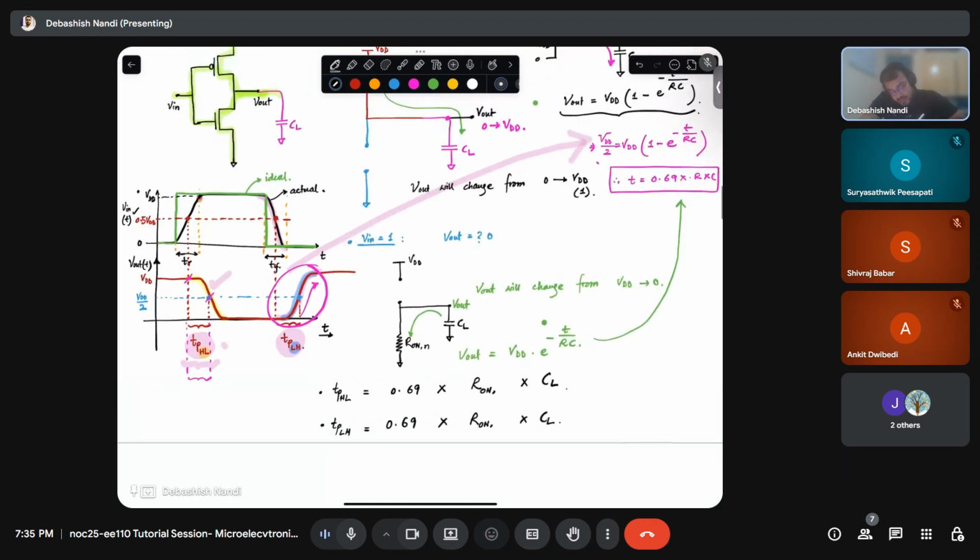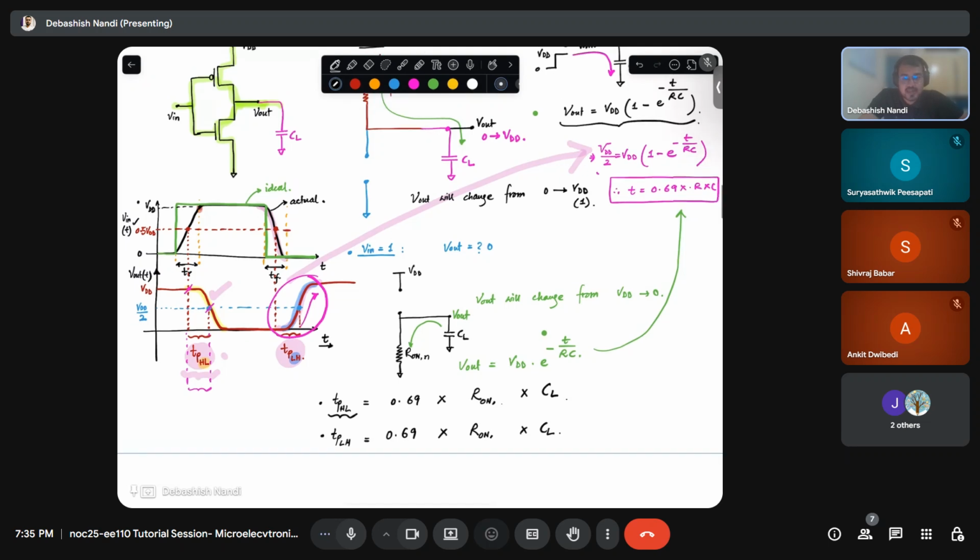Can you tell me for TPHL which MOSFET is charging or discharging, or which MOSFET is in the on state? For TPHL, NMOS will be on. Sir, NMOS is discharging, and for TPLH it will be PMOS, right? PMOS will be on. Yes.